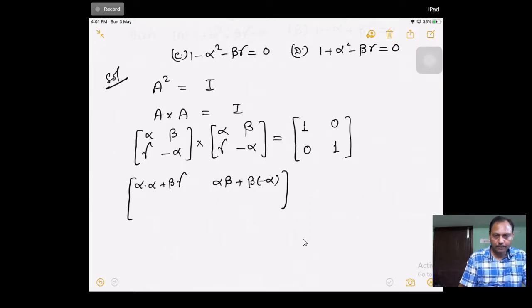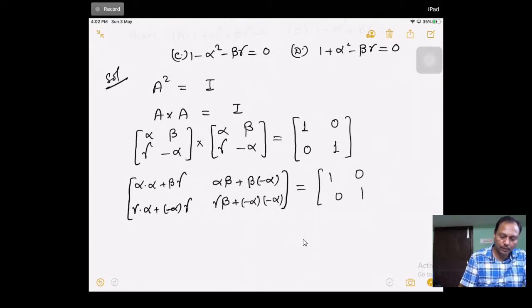Now the element of second row and first column, so multiply second row by first column. So gamma into alpha plus minus alpha into gamma. Now the element of second row and second column, so multiply second row by second column. It is gamma beta plus minus alpha into minus alpha. It is equal to 1, 0, 0, 1.